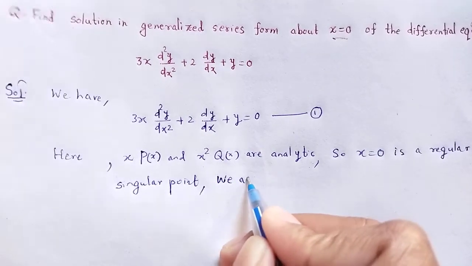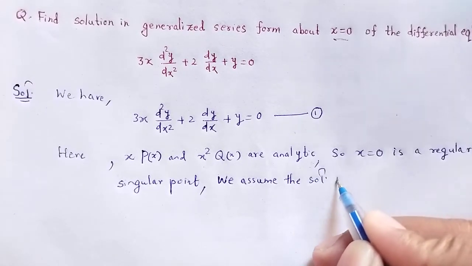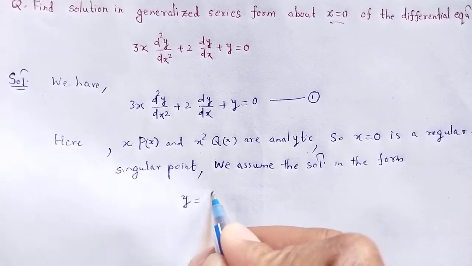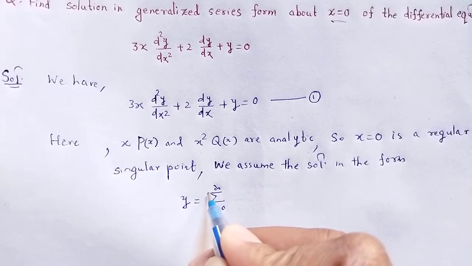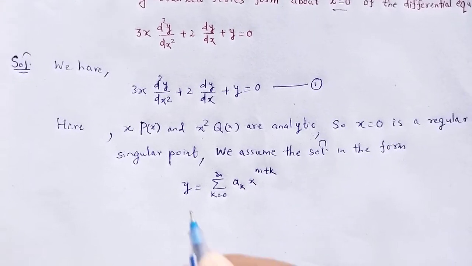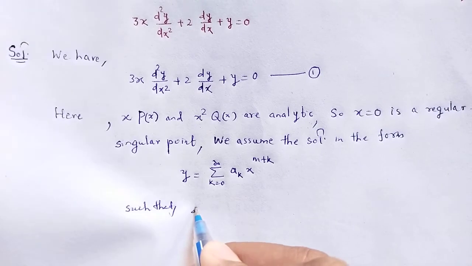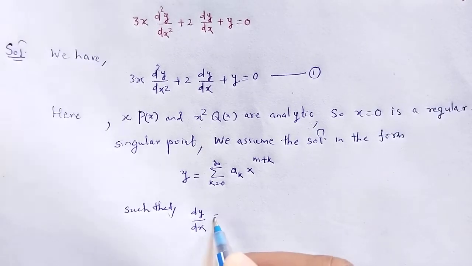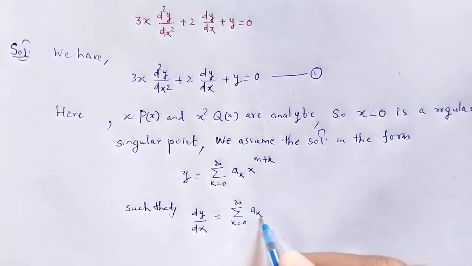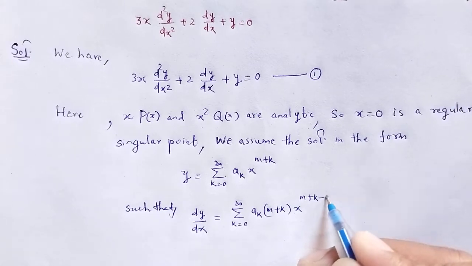We assume the solution in the form y is equal to summation over k is equal to 0 to infinity a k x to the power m plus k, such that dy by dx will be summation over k is equal to 0 to infinity a k (m plus k) into x to the power m plus k minus 1.